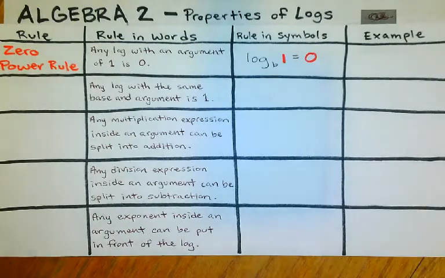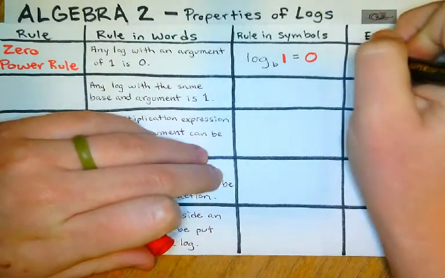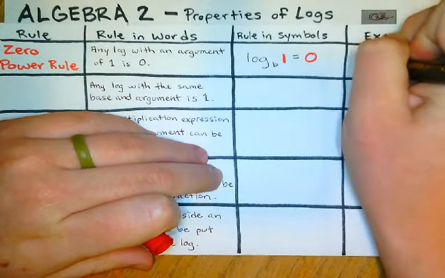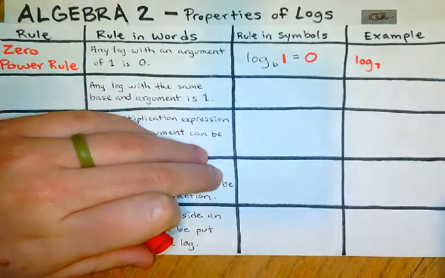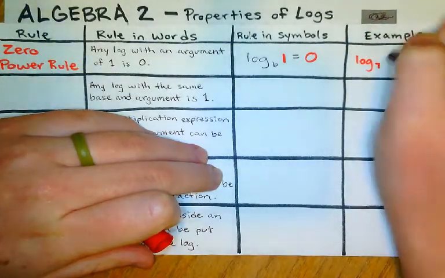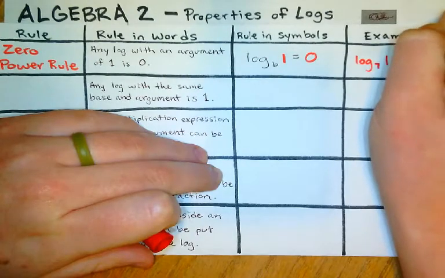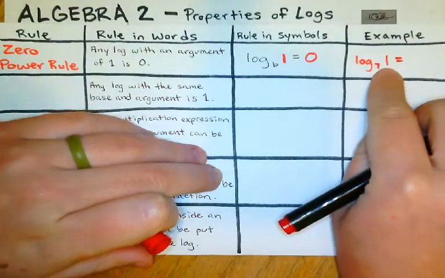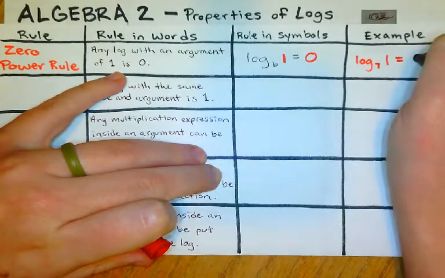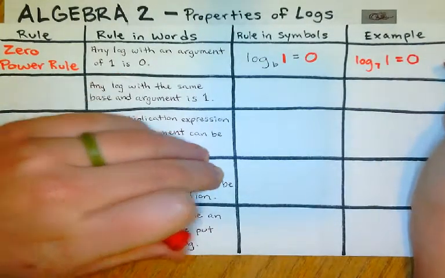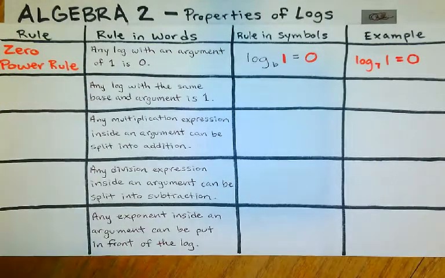So if we had an example like log base 7 of 1, since our argument is 1, that means this is equal to 0. And here's the reason. Remember when we can go back and forth between logs and exponents?